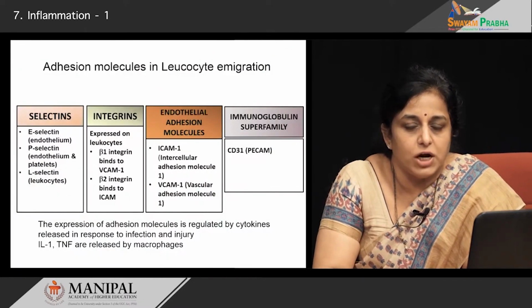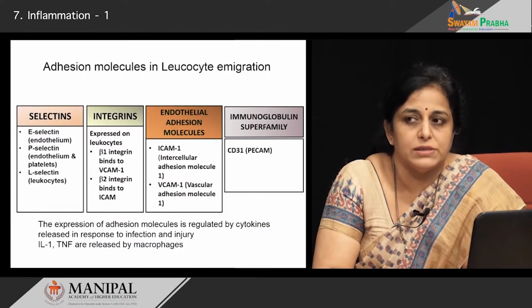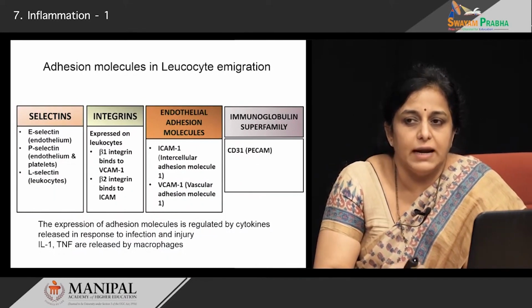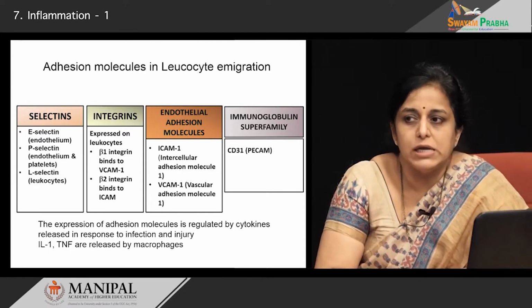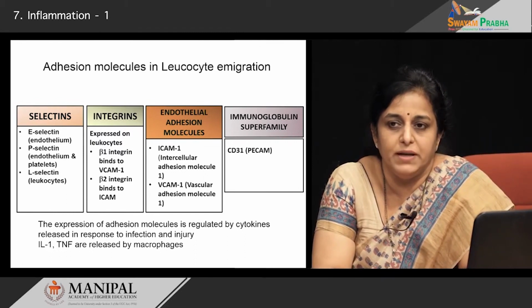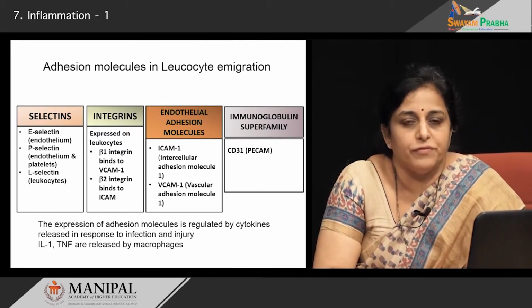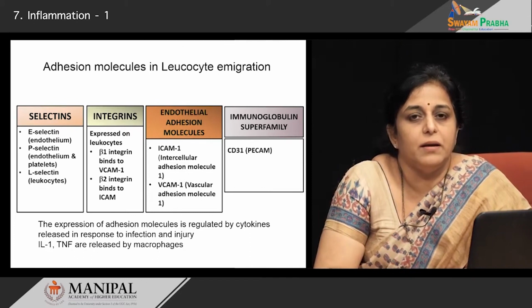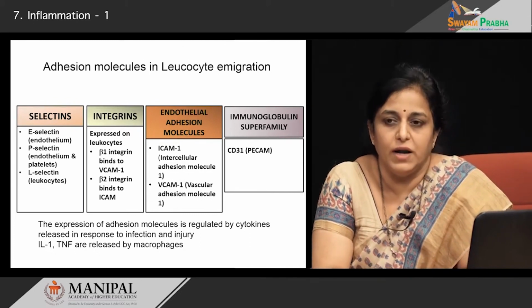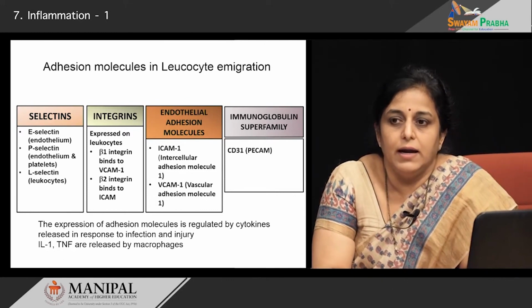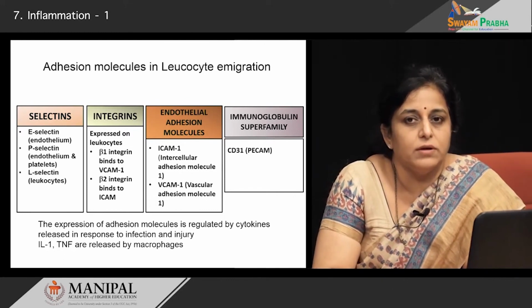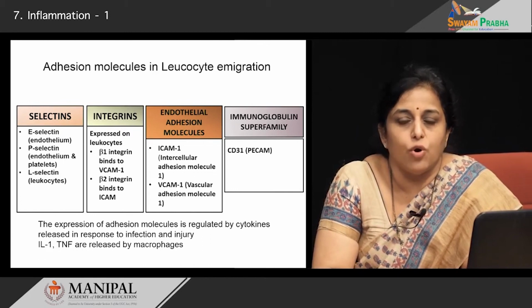So, this chart summarizes the adhesion molecules that are responsible for leukocyte emigration: selectins, integrins, endothelial adhesion molecules, and the immunoglobulin superfamily. We learned selectins are of 3 types: E-selectins and P-selectins, which are mostly present on endothelial cells, and L-selectins present on the leukocytes. Integrins, which brought about adhesion, are expressed on leukocytes.